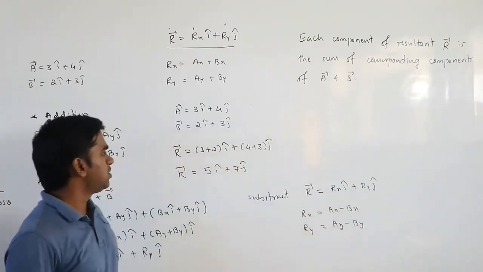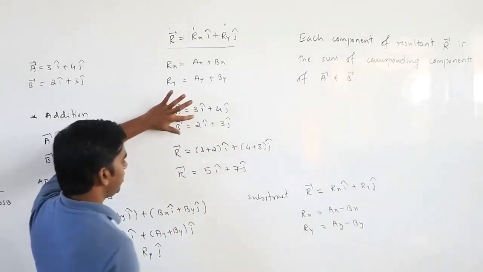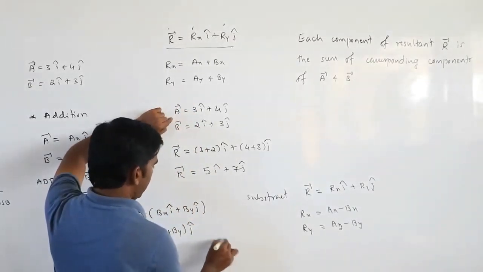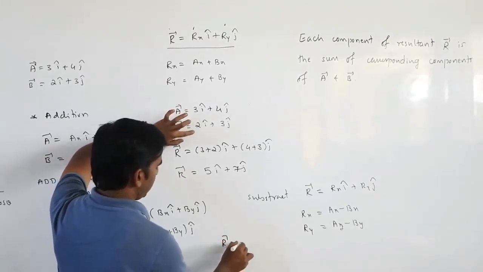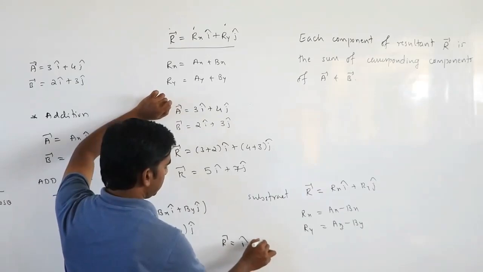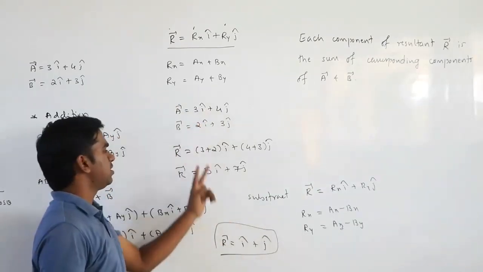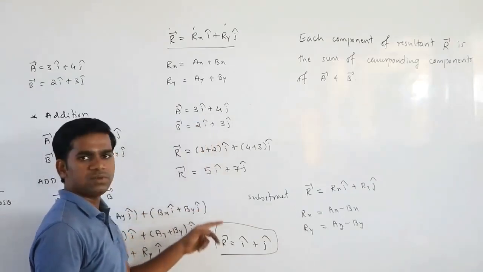So you just have to directly subtract. For these two, the resultant R equals 3 minus 2, that is 1 i cap, plus 4 minus 3, that is 1 j cap. So this is the subtraction of these two vectors, and this is the addition of those two vectors.